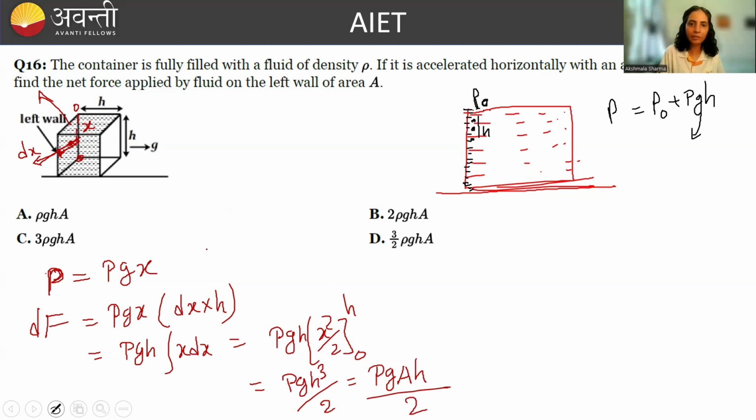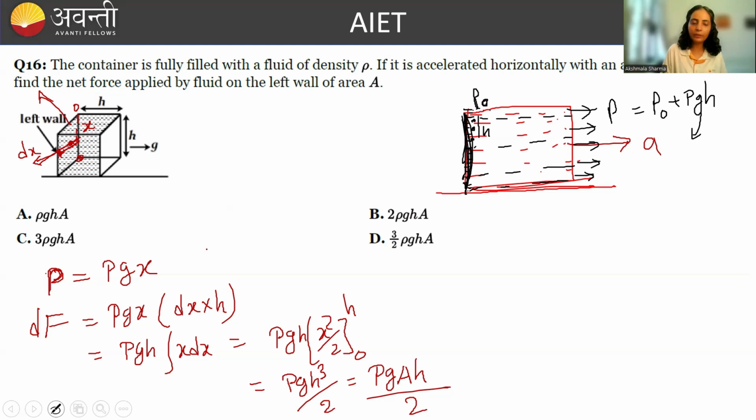This pressure is arising because of acceleration due to gravity. Now this cube is not at rest. There is another acceleration, in this direction. If we talk about this wall, then this wall is at a constant distance from this end.